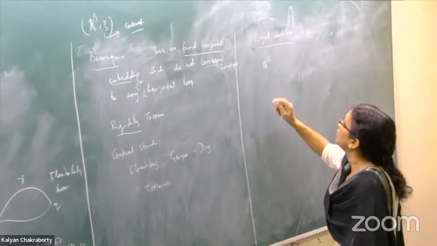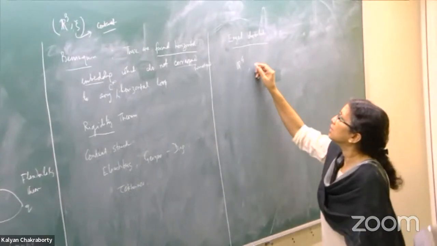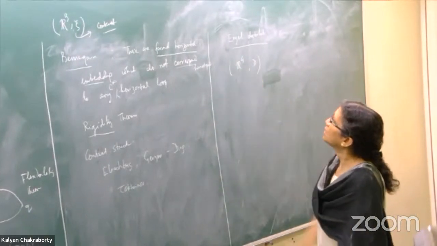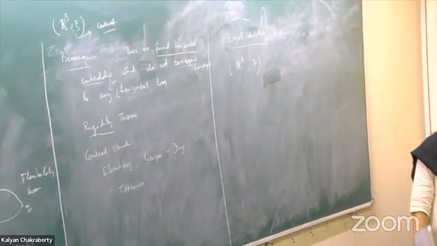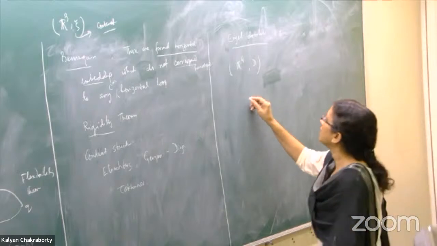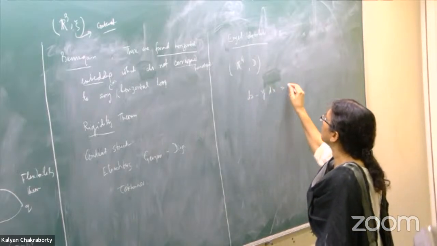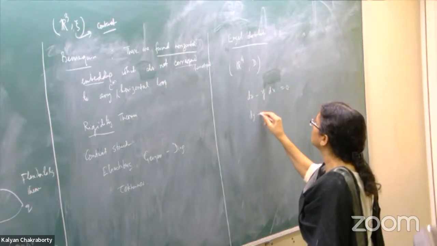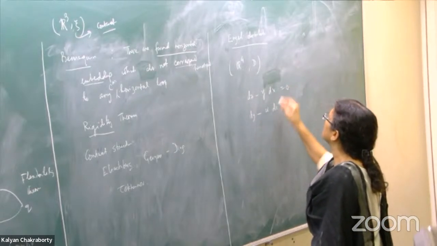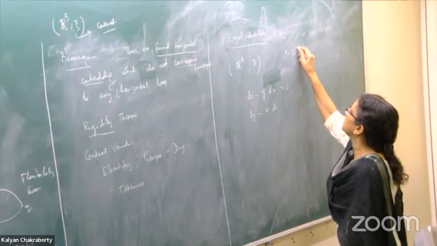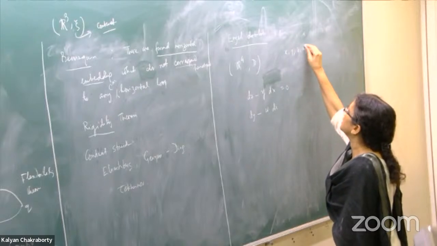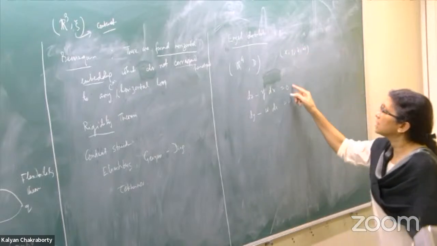This appears on R4, very specific to R4. And you can define this by a pair of forms. The coordinates here, I take x, y, z, w, and these are two 1-forms.